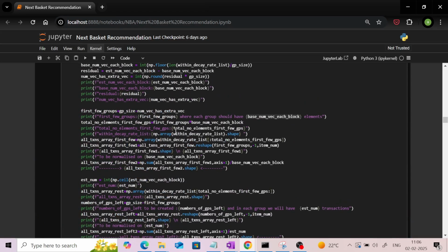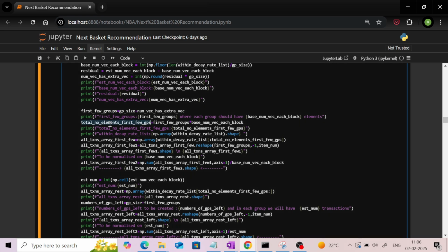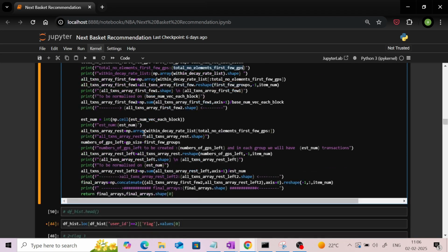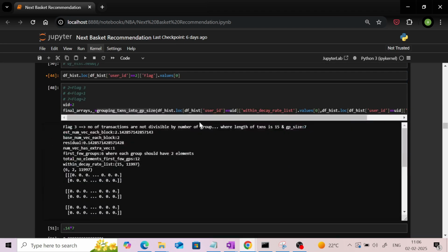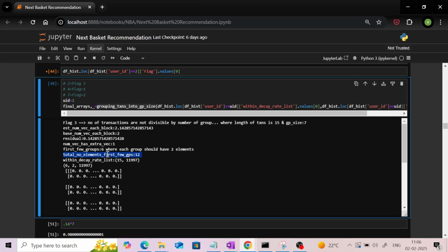So for that, what we are doing is, total number of elements in the first few groups is like 6 into 2, 12. So total number of elements in the first few groups is like 12, and the within decay rate list has a shape of 15 comma 11,997. Let's see like this in the outputs. So total number of elements in the first few groups, because we have like 6 groups and 2 transactions in each groups.